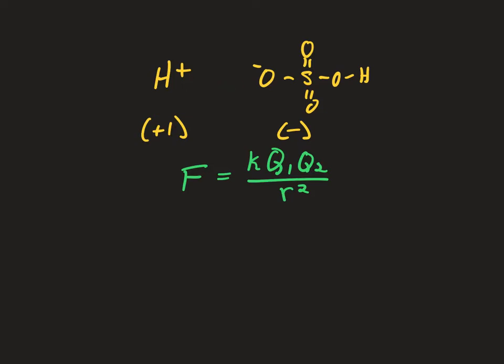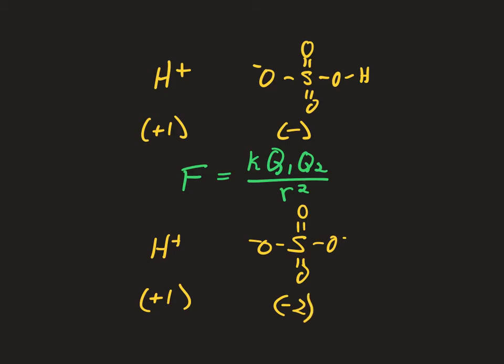Now, let's consider the second dissociation, that is, the hydrogen ion being dissociated from the sulfate ion. Here we have +1, but here we have -2. So the force of attraction between the hydrogen ion and the sulfate ion is going to be approximately 2 times the force here.